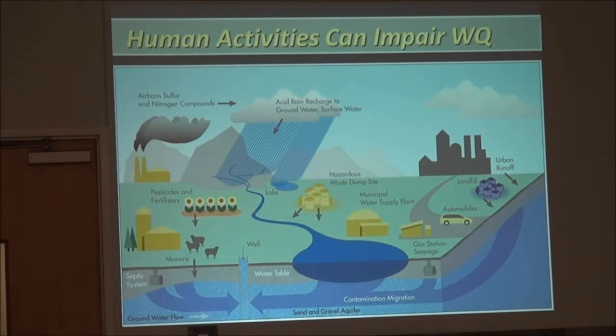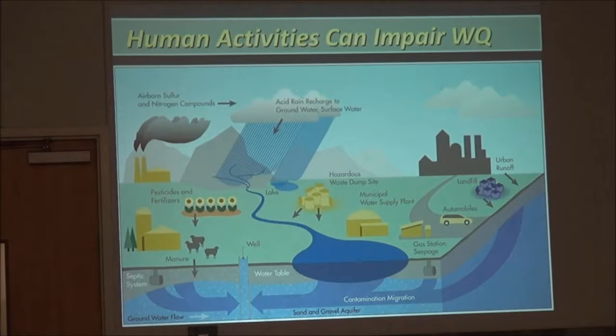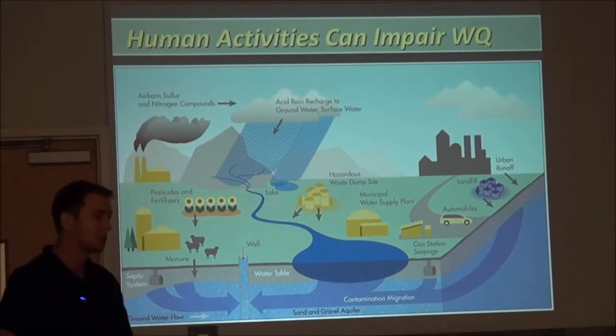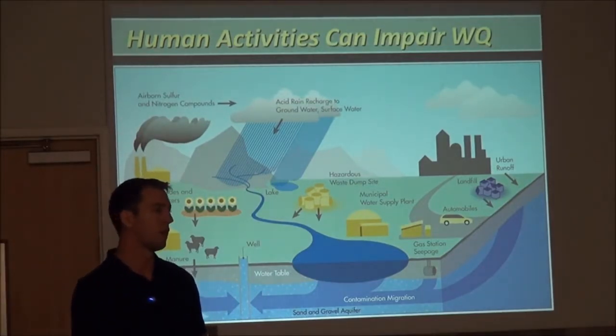Pesticide, fertilizer, when it's applied in excess to ag fields or golf courses or home lawns, for example. If it's used in excess or applied improperly, there does exist that potential for it to find its way into a water body. Manure from livestock. And there are a whole plethora of human activities that can contribute. It's important to note that there are some natural additives as well.